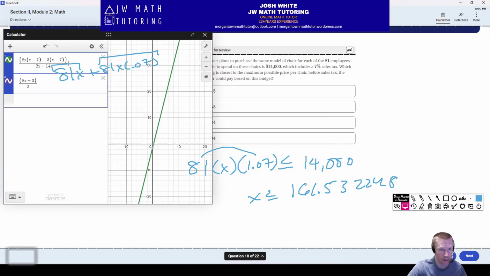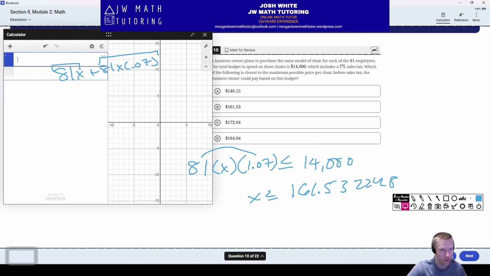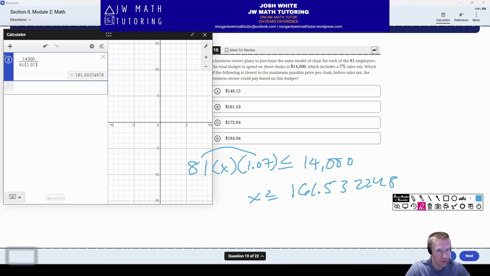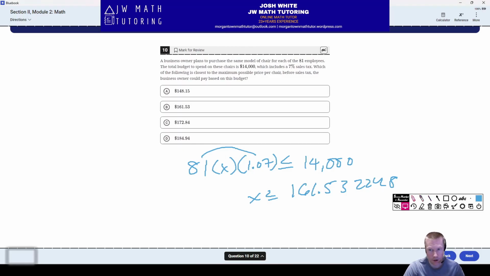Let's just check that in Desmos to confirm. So we got 14,000 divided by 81 times 1.07. Yep, 161.532248. Yeah, I just cut off a couple decimal places. All right.